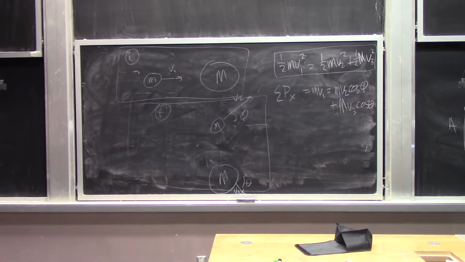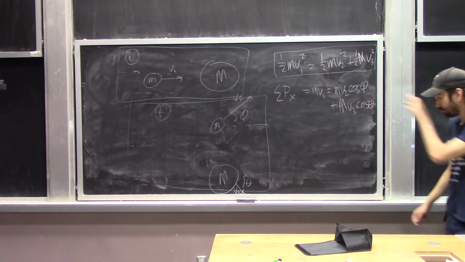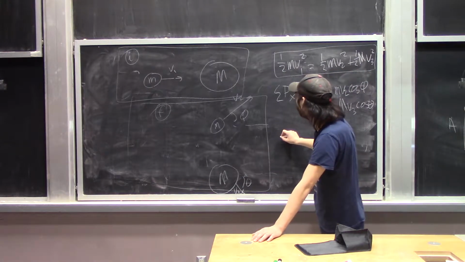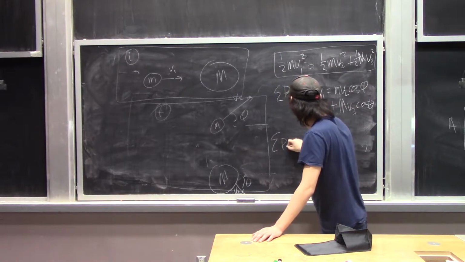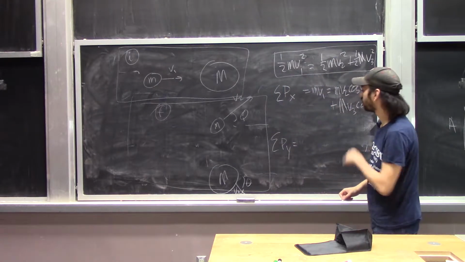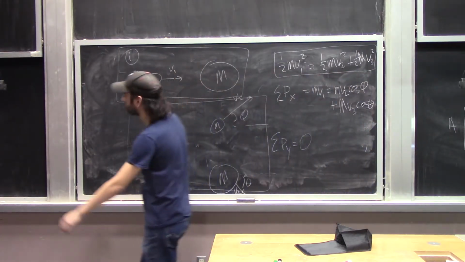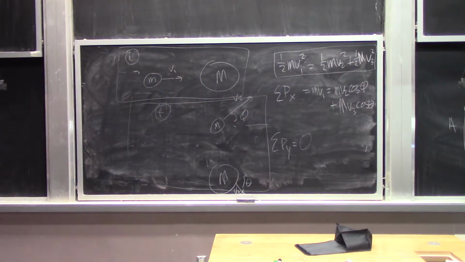Now we want to sum our momenta in y. The sum of the momentum in y is going to be equal to 0, because when we look at the initial state, nothing's moving in the y direction. It's only moving in the x direction.